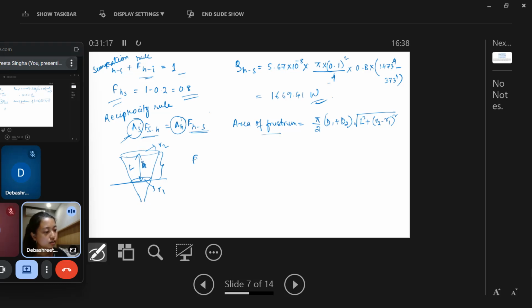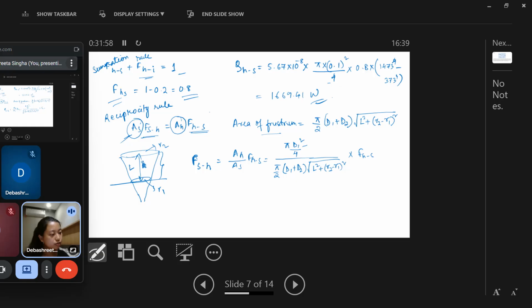So we can now calculate FSH as AH by AS into FHS. Now AH is pi d square by 4. This was D1. So this is just solving it. We know all the values.